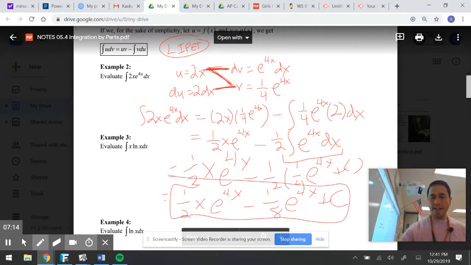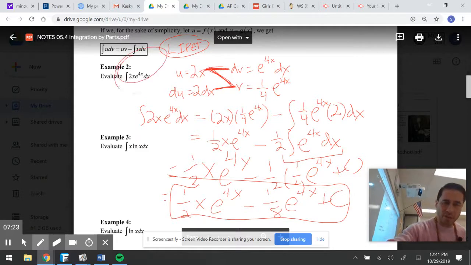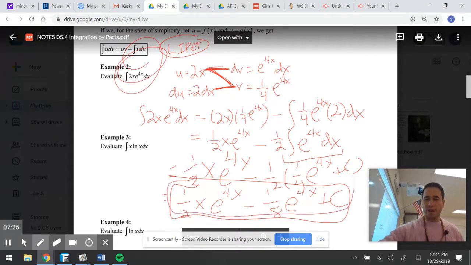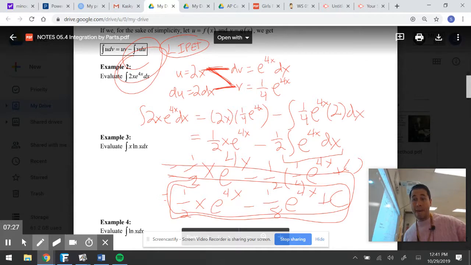That's the answer. This seems crazy, but believe it or not, that original integral would be equal to this if you found the derivative of all this stuff.